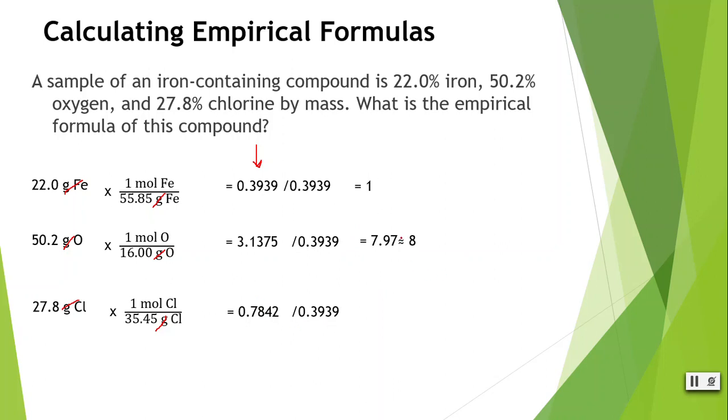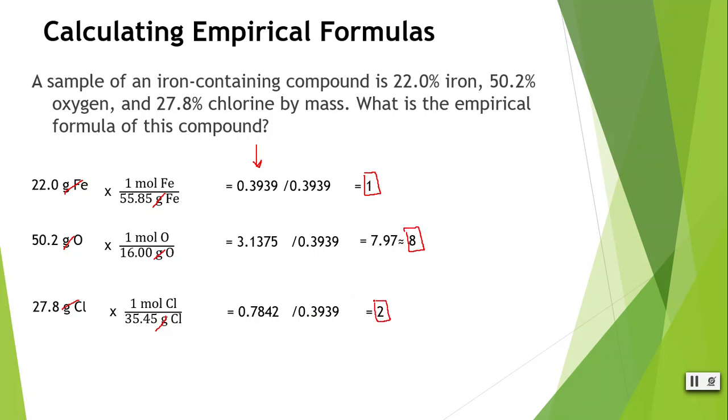We'll talk about rounding shortly in the next video. That number is close enough to round to a whole number of 8. And last but not least, doing this final division for chlorine gives you 2. So now I have whole numbers associated with my elements.